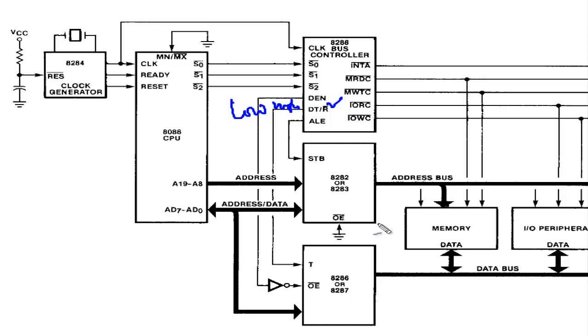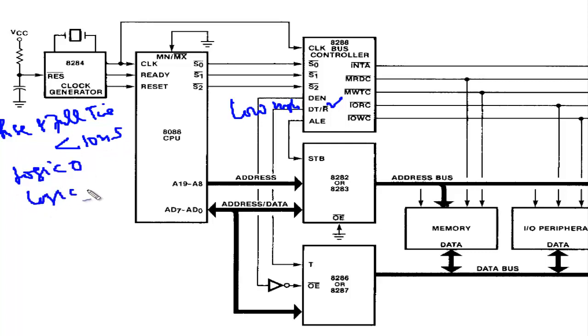Now we discussed the latch, and the transceiver, that is 8286, and the 8282 latch, and now we talk about the 8284 IC, which is a clock. The clock has a rise and fall time of less than 10 nanoseconds, and it represents either logic 0 or logic 1 using voltage.